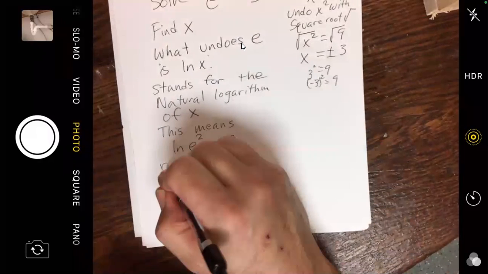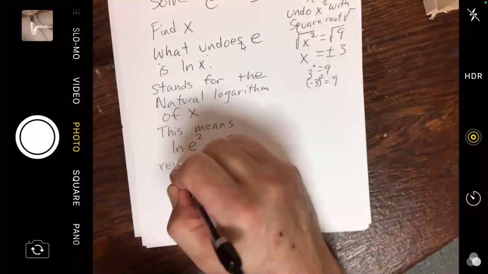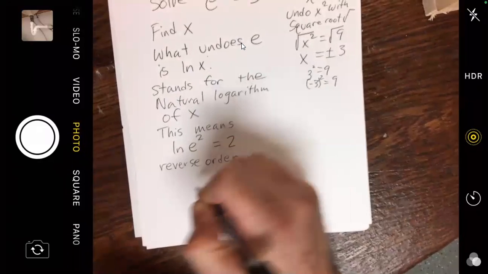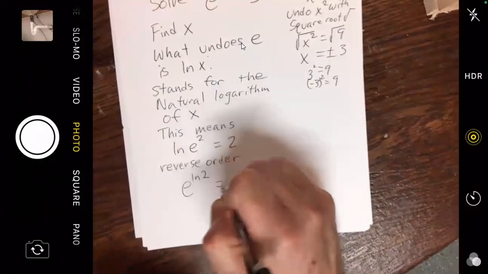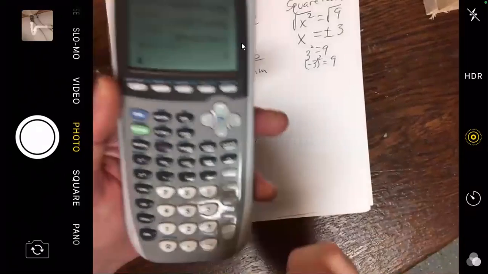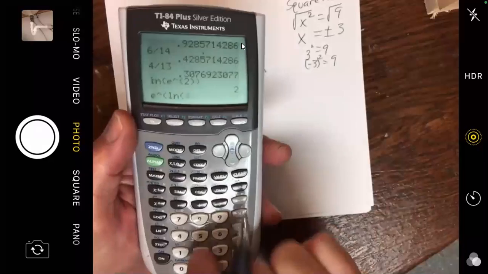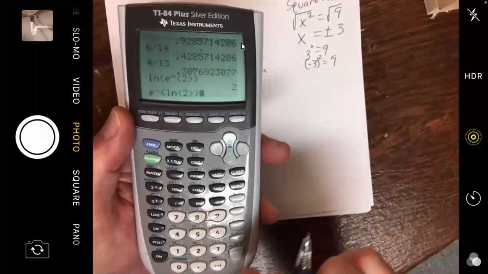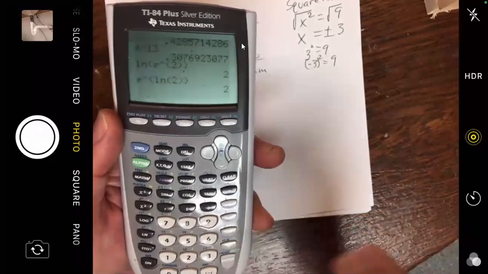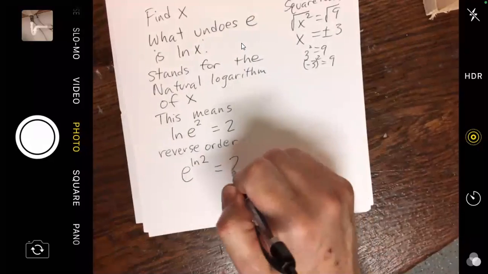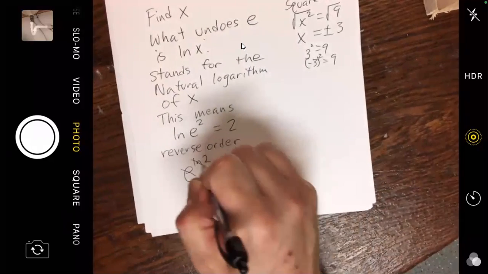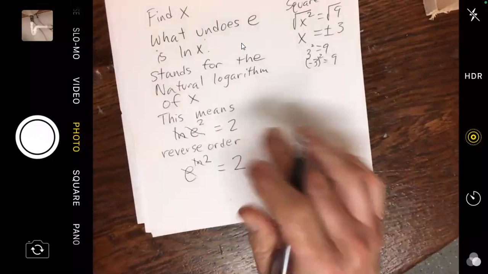You can reverse the order and do e to the ln of 2. So punch the e first, then ln of 2, and you get 2. So the keys work in either order. In effect, these undo each other.